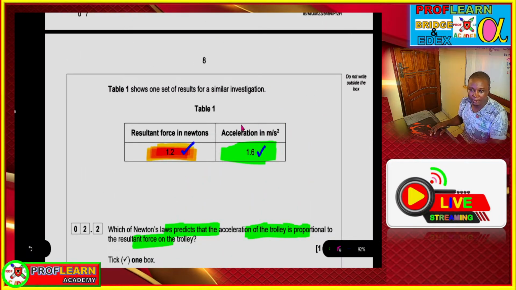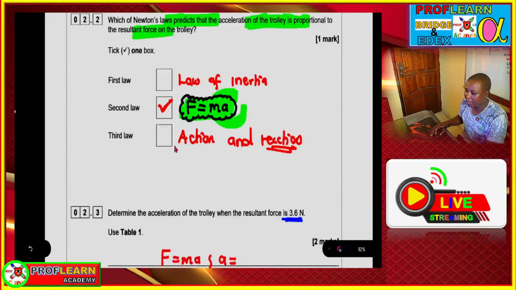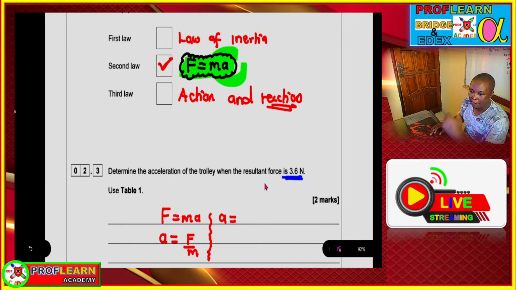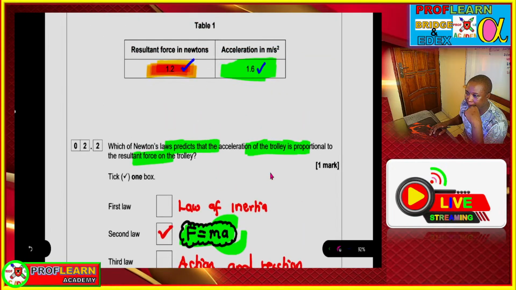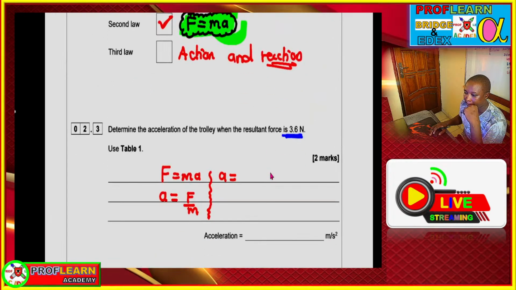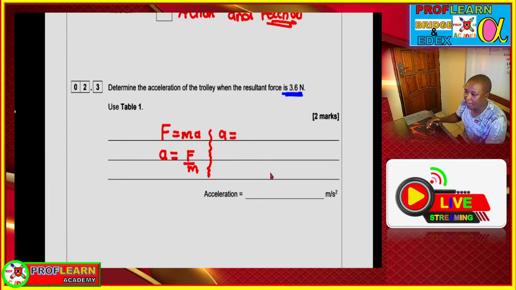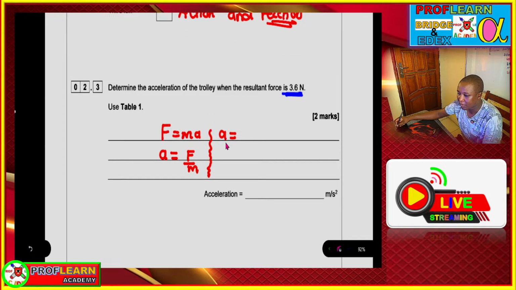Let's see if there is any information provided. The force is given as 3.6. Determine the acceleration of the trolley when the resultant force is 3.6. So what is the acceleration?